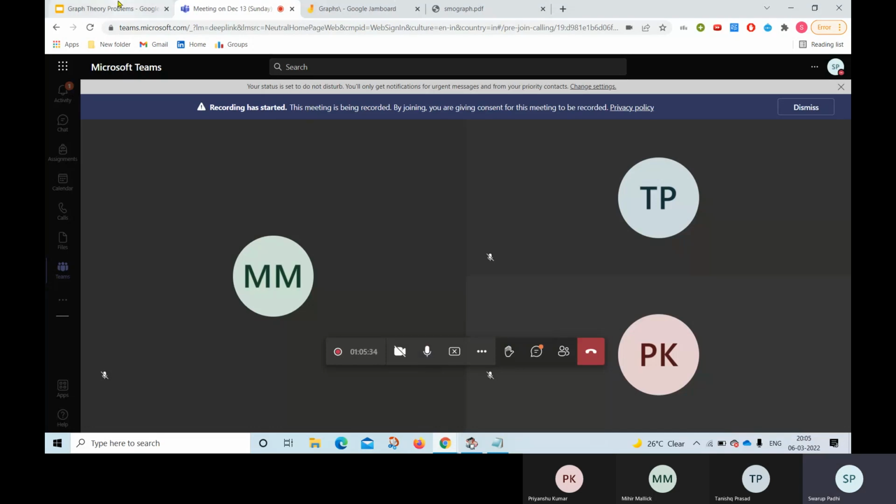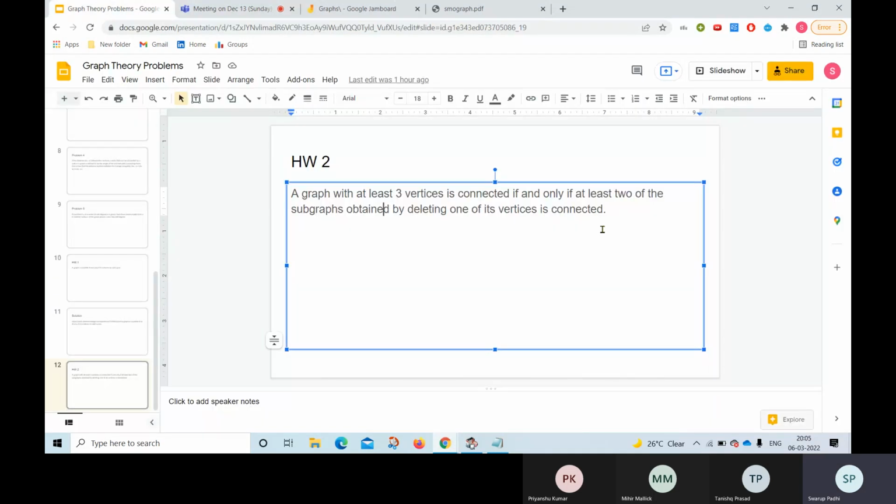I think we should keep this as homework. It may take a little longer for you to come up with an exact solution. I will also share three different PPTs, three different documents which contain a good amount of problems on graph theory, which you can go through. They are really good.